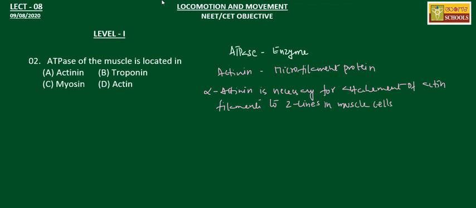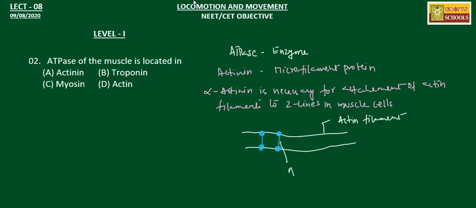If you see the actin this way, these are the actin filaments, and you will find the actinin connecting this one with this one. So this is the actin filament, whereas this one is the actinin filament.